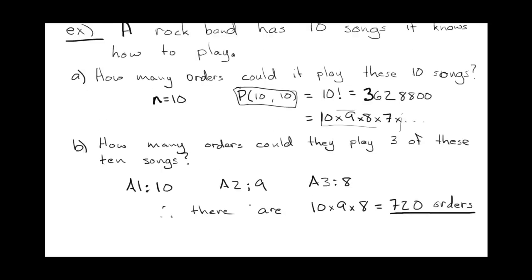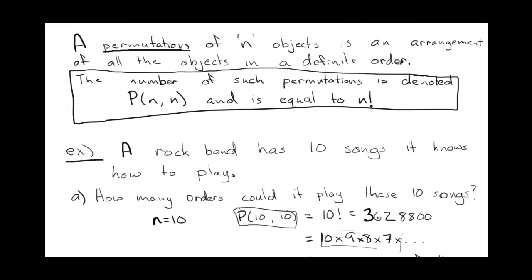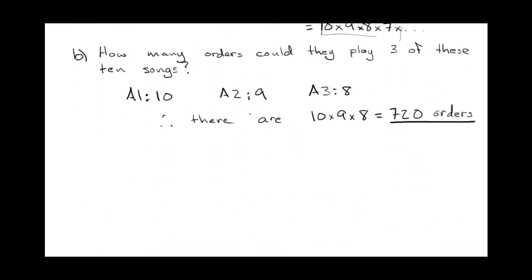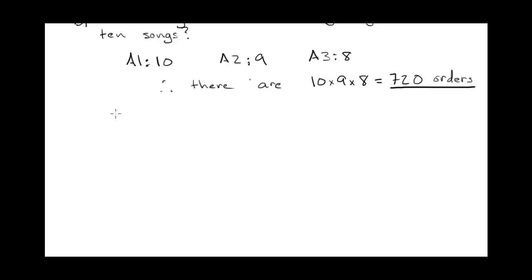And this is still a permutation, but it's not a permutation of n objects. Well, sorry, it is a permutation of n objects, but we're only arranging 3 of them. So what we'll say in this case is a permutation of 10 objects taken 3 at a time. So there's 10 objects, but we're only taking 3 of them.